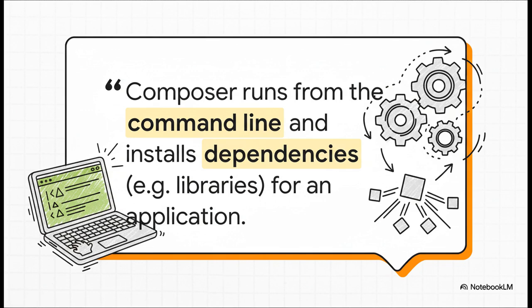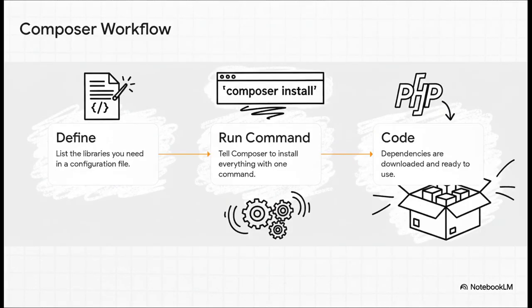And that might not sound like a big deal, but it allows for incredible precision, for things to be repeatable, and, the holy grail, automation. And this new workflow, wow, it's just night and day compared to what we saw before. Now you just list what you need in one single file, run one simple command, composer install, and that's it, you're done. Everything gets downloaded, put in exactly the right place, and is ready to go. The efficiency gain is just massive.